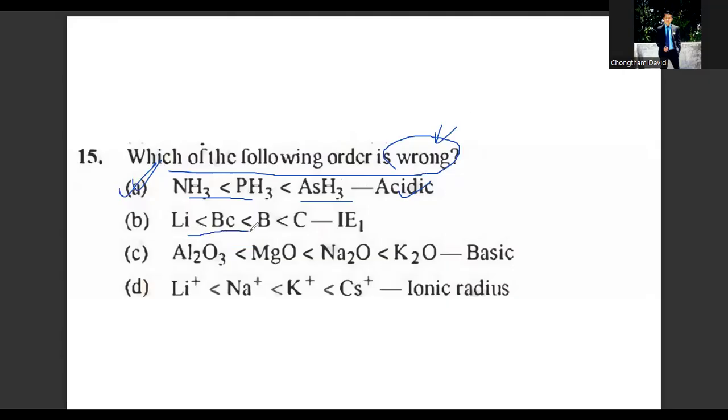Lithium, beryllium, boron, carbon. Why is this not correct? It is because of the configuration. Beryllium has a highly symmetrical configuration as contrasted with boron and carbon. So the sequencing would be lithium, boron, and so on. So this is not the correct statement, but this should be the answer for question number 15.